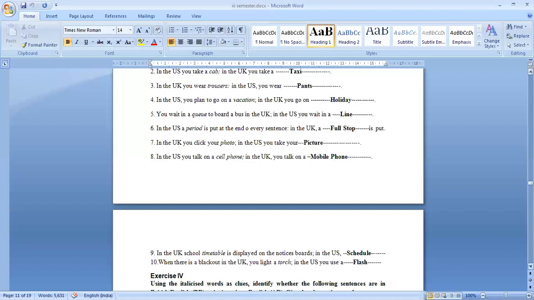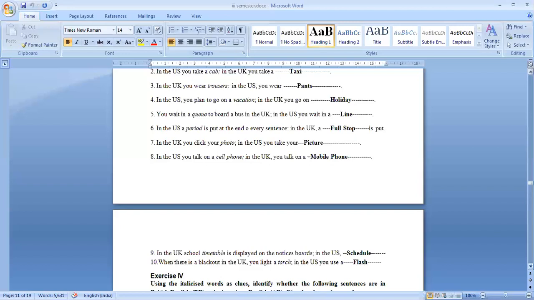When there is a blackout in the UK, you light a torch. So when there is a blackout, and you are in dark places at night, you light a torch because it gives light to us, like a torch light.